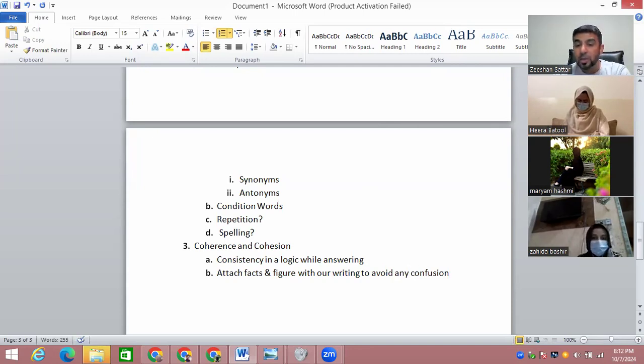Then we will explain things with facts and figures and examples. I will avoid the confusion. Definitely, this will be more comprehensive to understand, and the examiner will give us more marks. So coherence means the logical sequence, and cohesion means attaching facts and figures and examples with your arguments so that things are complete and clear to the reader.